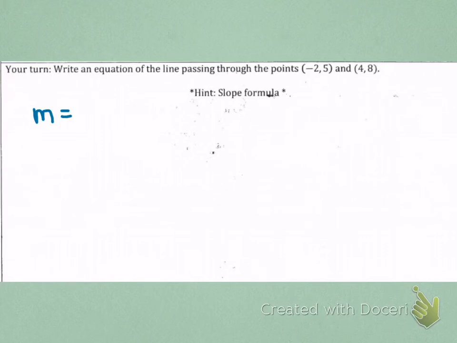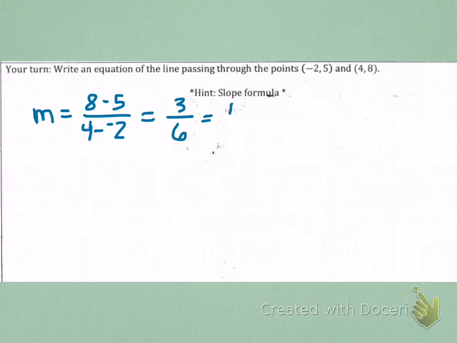You know that you can take the y sub 2 minus y sub 1, so that would be 8 minus 5, over x sub 2 minus x sub 1, so that would be 4 minus -2. That simplifies to 3/6 and 1/2. So our slope is 1/2.